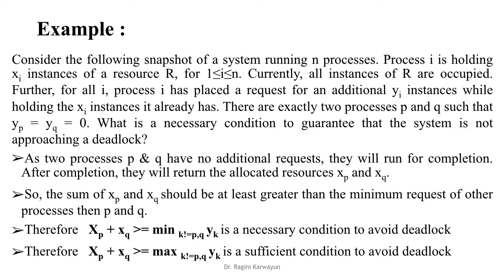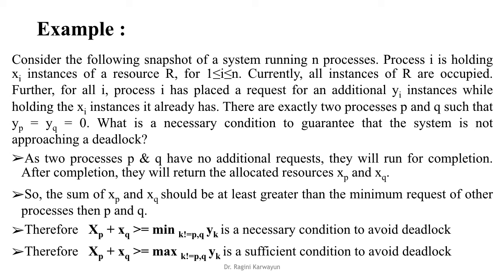Now again a different question: consider the following snapshot of a system running n processes. Process i is holding xi instances of a resource R, where i is between 1 and n. Currently all instances of R are occupied. Further, for all i, process i has placed a request for an additional yi instances while holding the xi instances it already has.